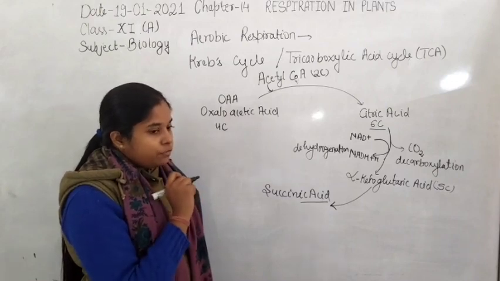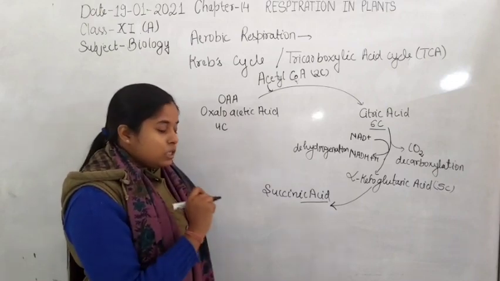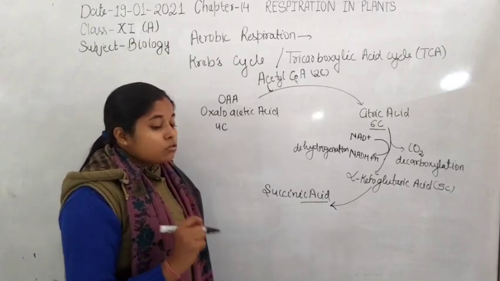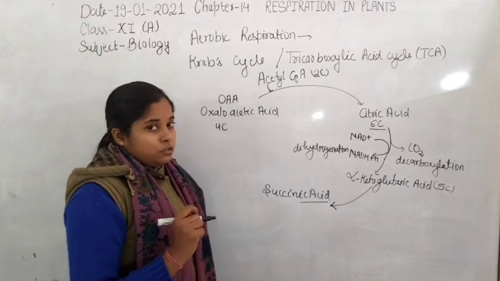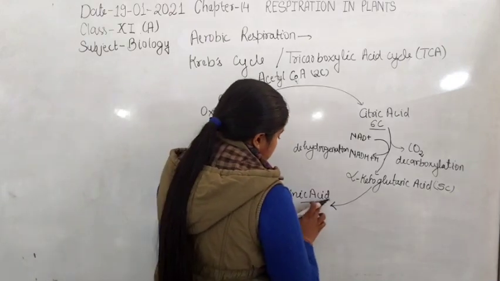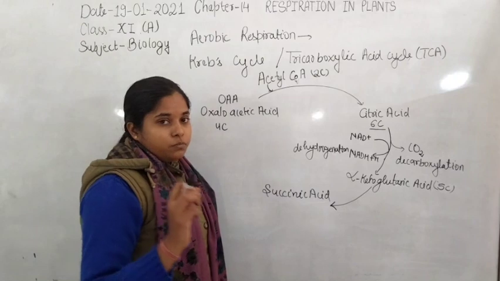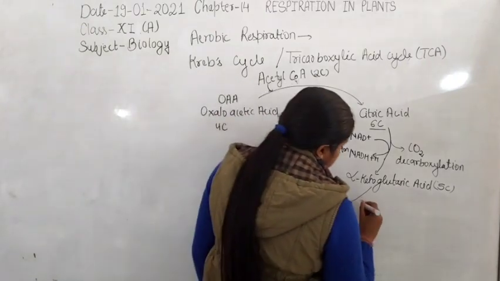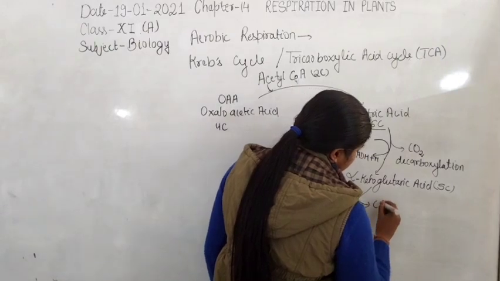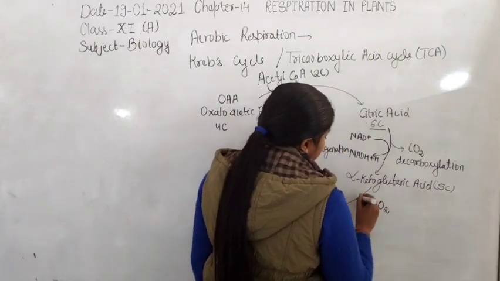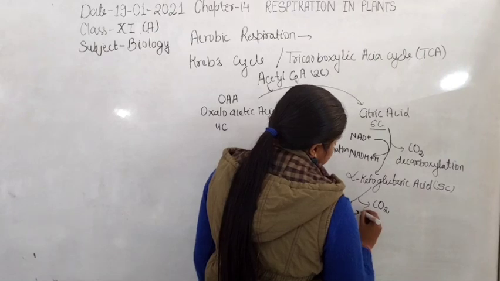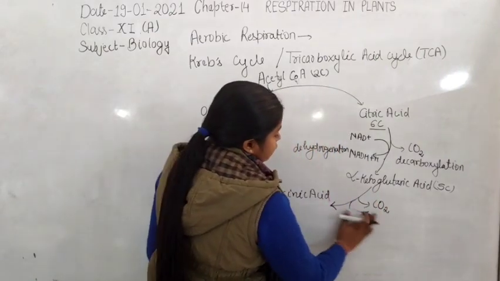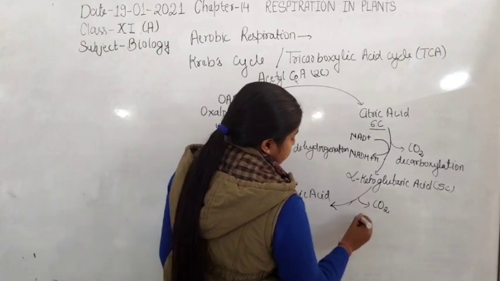After the formation of alpha ketoglutaric acid, it also undergoes a decarboxylation process and simultaneously a dehydrogenation process. So there is removal of a carbon dioxide molecule, and also formation of NADH plus from NAD plus.